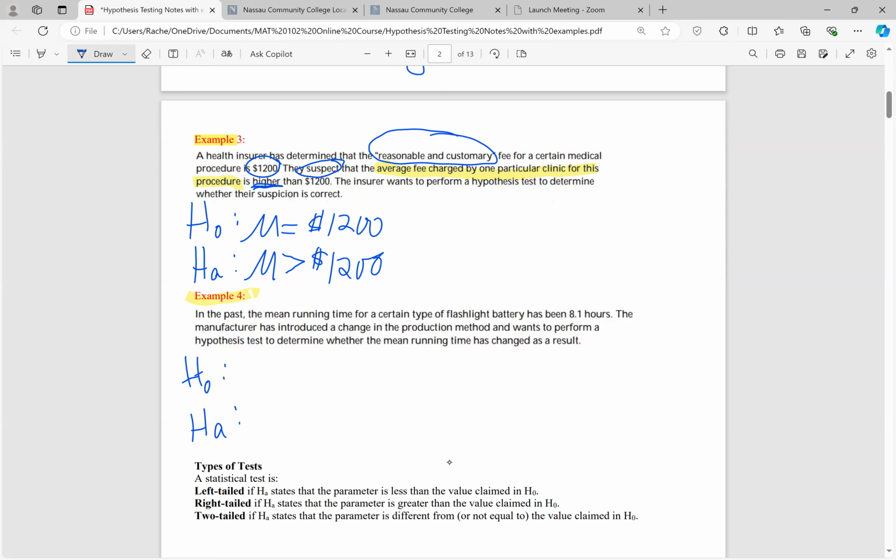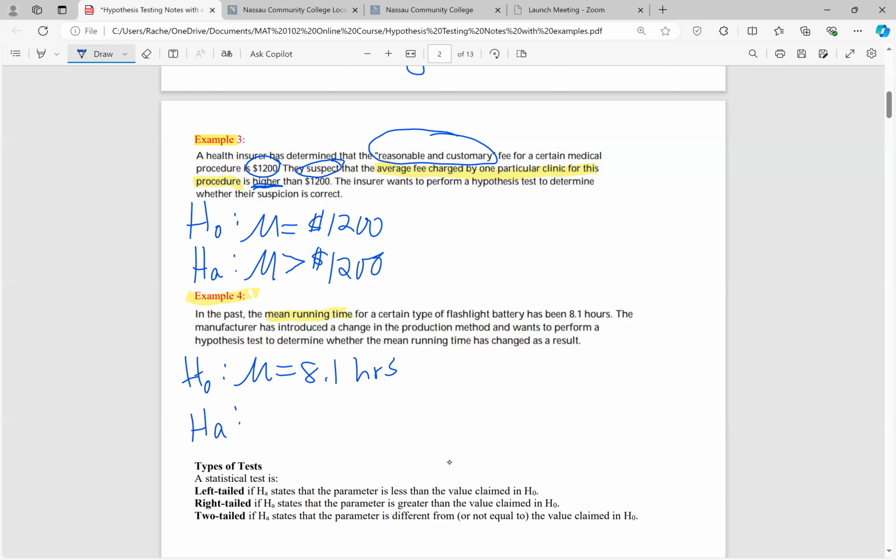My parameter of interest about these certain type of flashlight batteries is the mean running time, right? On average, how long does the battery live for? Well, the assumption is that the mean running time is equal to 8.1 hours. That's what it's been in the past for this certain type of flashlight battery.